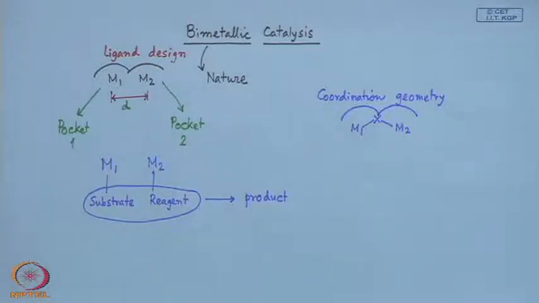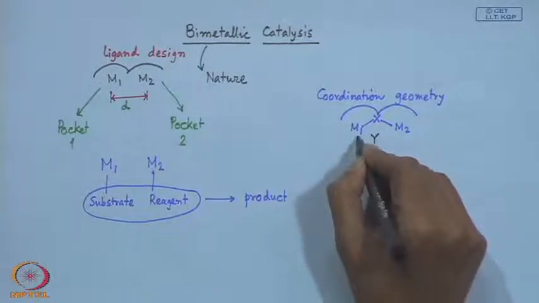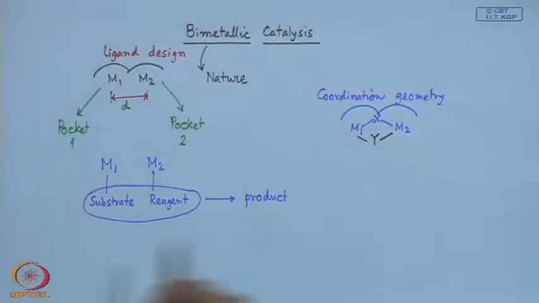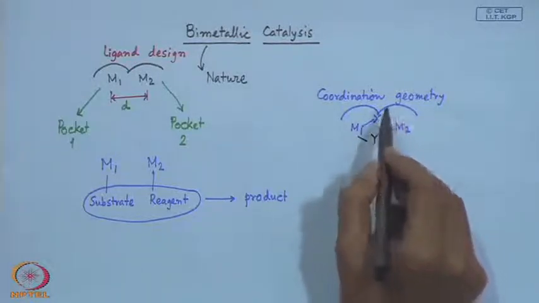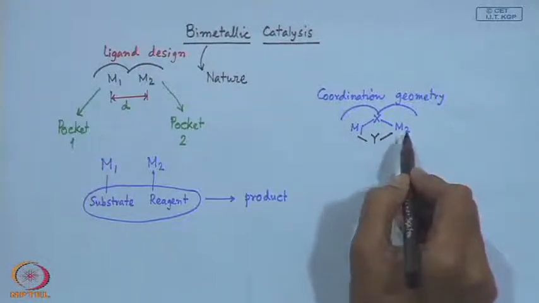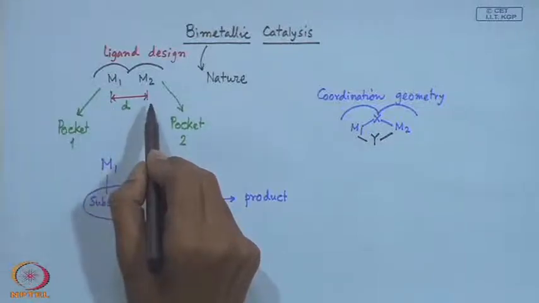Then in the next case, you can bring in the second group, which can also go for bridging. And when you have a situation like this, where X and Y are both involved in bridging, you can decrease the corresponding distance between M1 and M2.